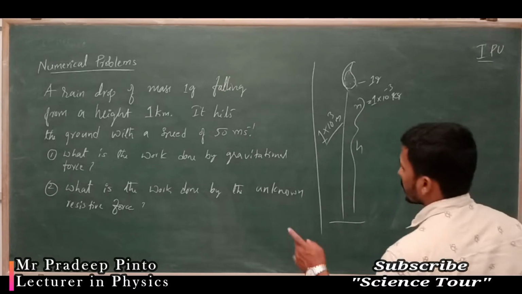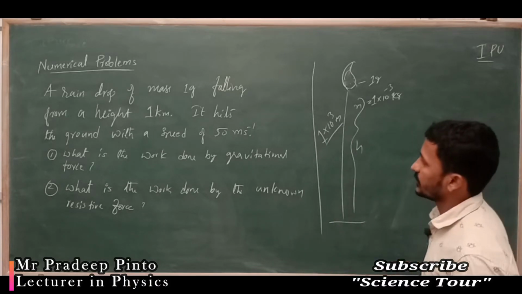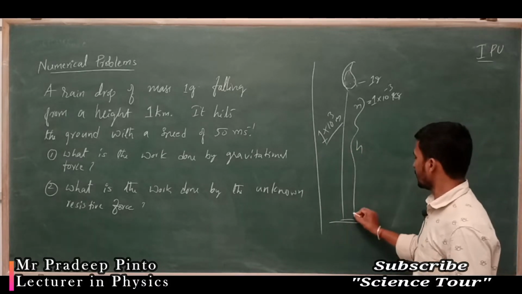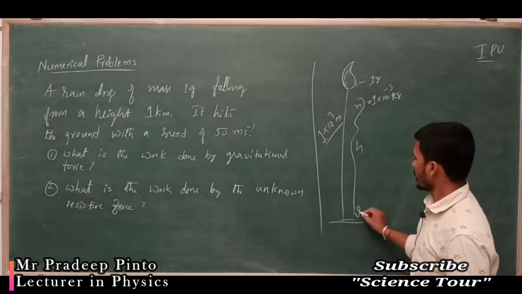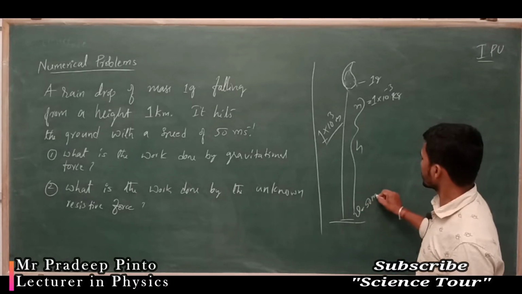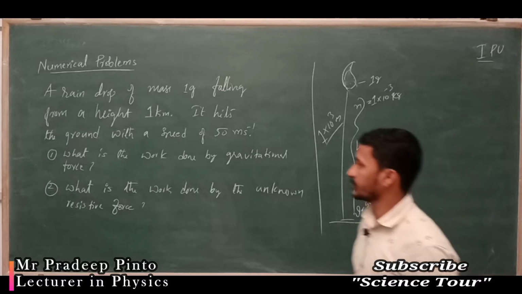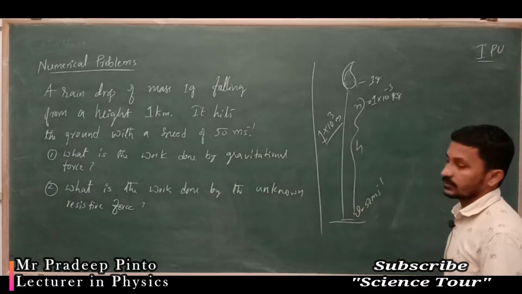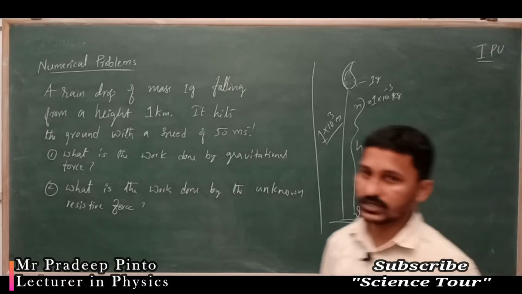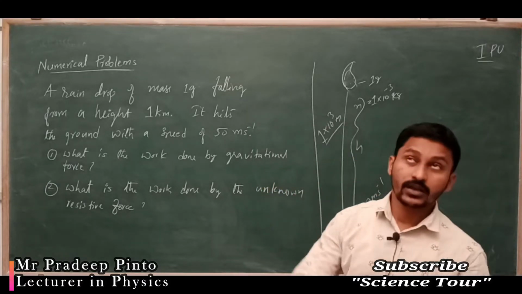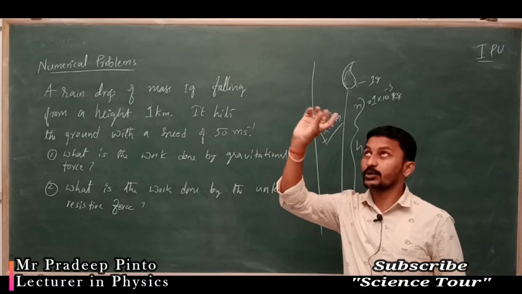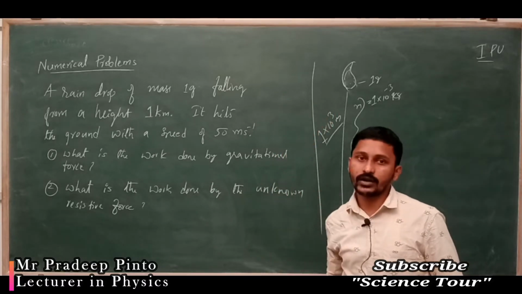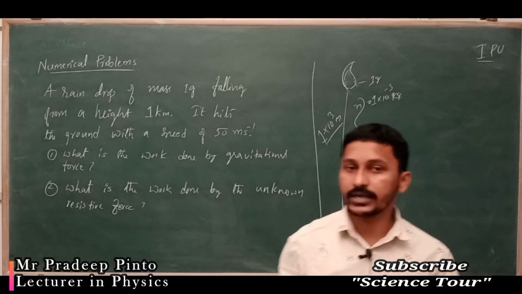Now the drop hits the ground with a speed, the final velocity, of 50 meter per second. What is the work done by the gravitational force? It will always pull that drop in the downward direction, right?